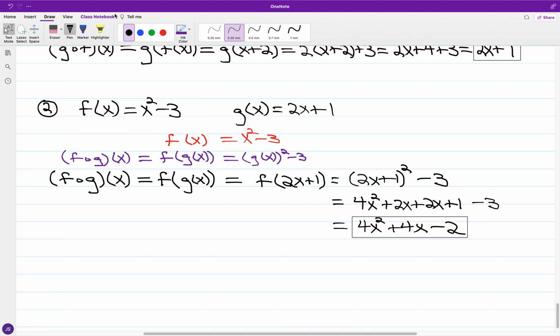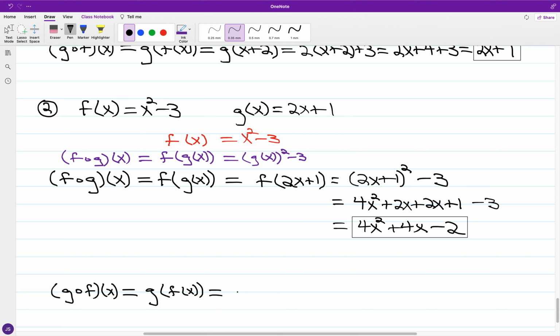As for what we have in the case of g composed with f of x, you have g of f of x.